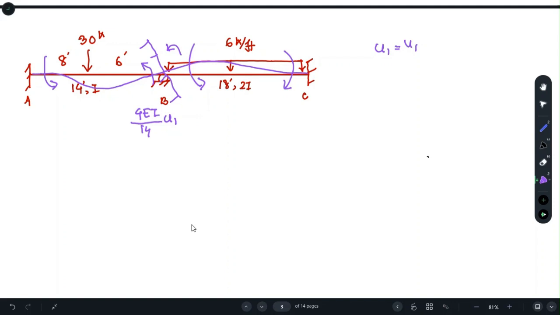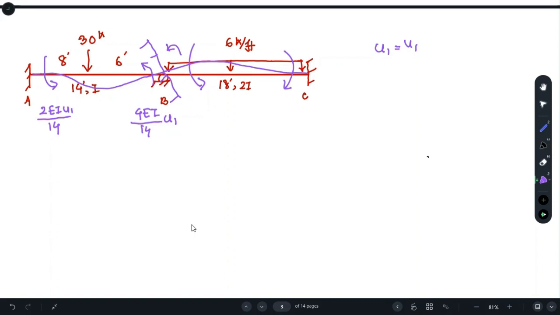And for the moment at the far end, it will be half of the moment here. So that will be 2EI u1 divided by 14.